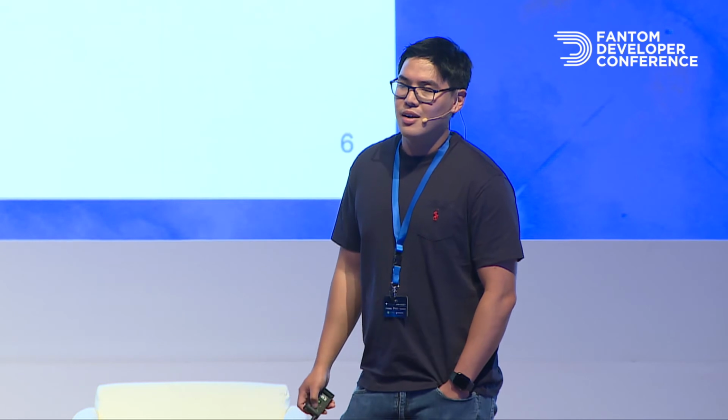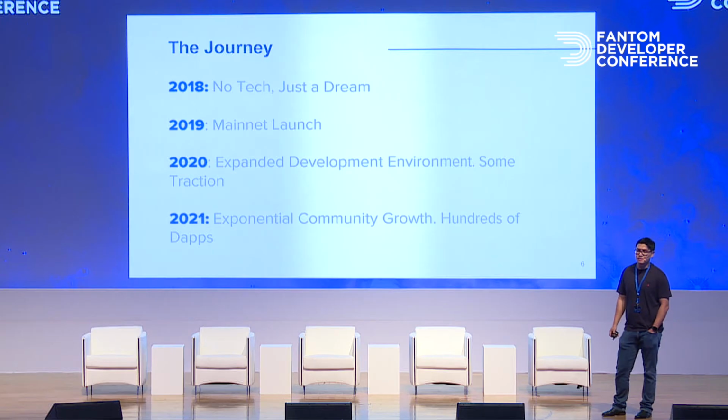Fantom did an ICO in 2018. It raised $40 million, and things were honestly not going very well. There was no technology. There was not really a very strong team. There was just a dream, right? Or just a variety of different ideas.